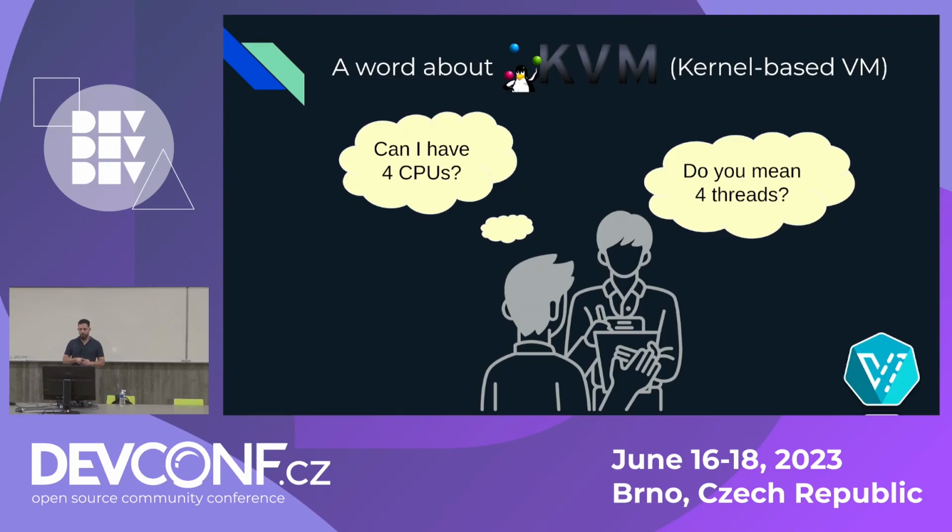And in the KVM model, each CPU from the guest perspective is implemented as a kernel thread. So for example, if you're creating a VM with 4 CPUs, then from the kernel's perspective, these are 4 vCPU threads that basically run your guest workload.